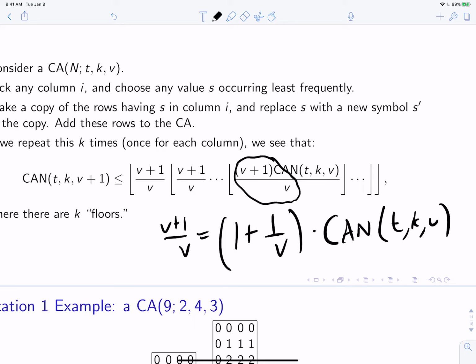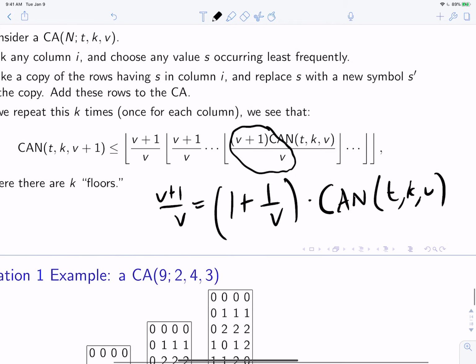Some may occur more often, some may occur less often, but we don't know that in general. So we know for sure that the least frequently used symbol must appear at most 1/v of the time, because the average number of times must be at least what the least frequent symbol achieves. So we just pick that one.